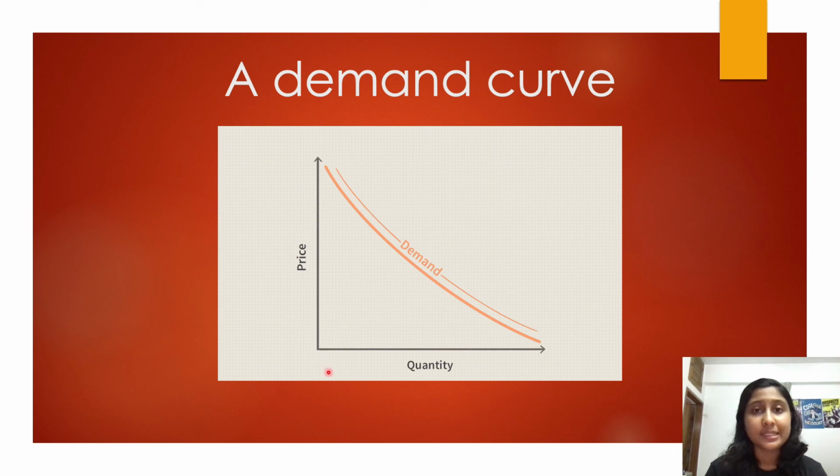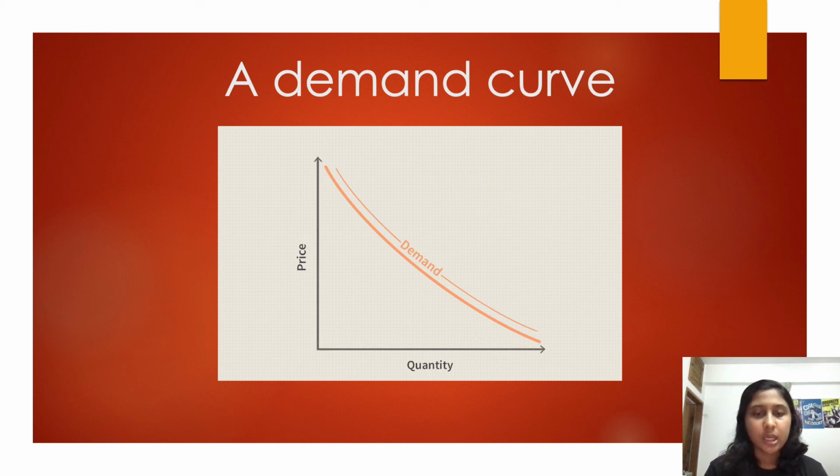I hope this gives you a very clear idea about what a demand curve is. The information from a demand schedule can be plotted on a diagram. As you can see, in a demand curve, price is measured on the vertical axis, which is this one, and the quantity demanded is measured on the horizontal axis, which is this one.